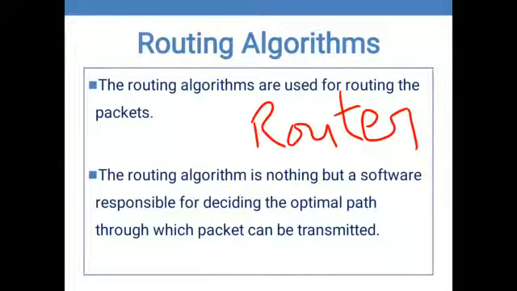They are responsible for deciding the optimal path, meaning the best path existing between the source and destination. That selection is done by the software, which is the routing algorithm. So routing is a technique done by the router, using routing algorithms, which select the optimal path through which data is transmitted from source to destination.